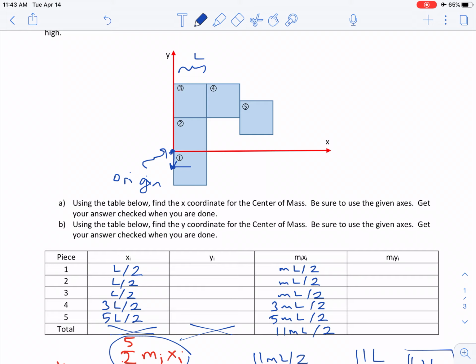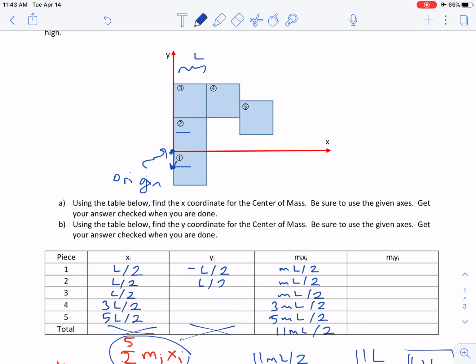And since it's negative, first of all, and half the size of the cube or the square, it is L over 2. And it is negative L over 2. Okay, and the second one, again, I'm drawing a line to the axis. That is positive, right?